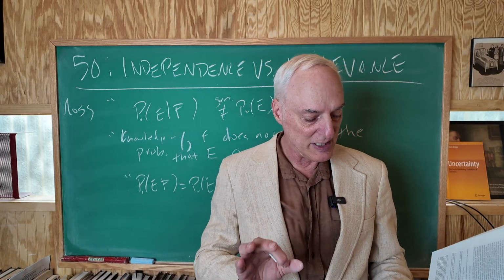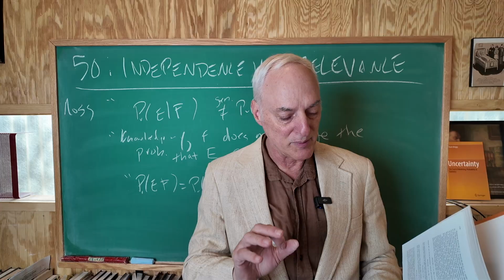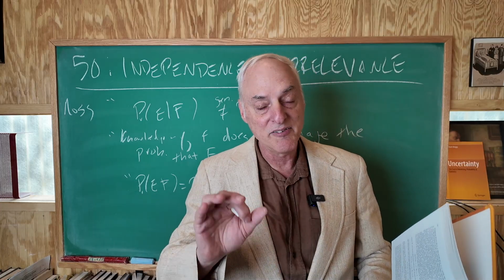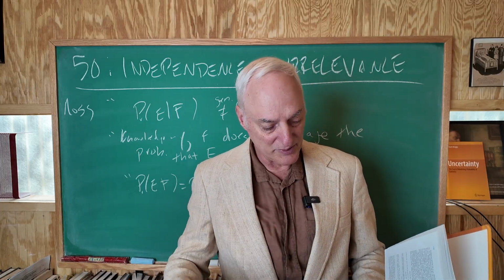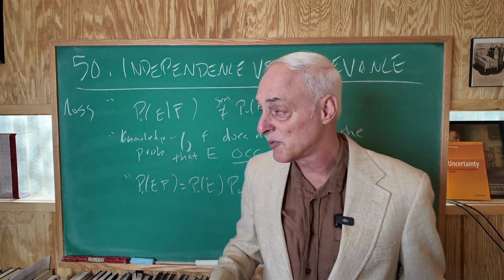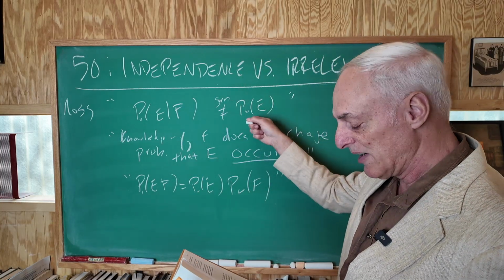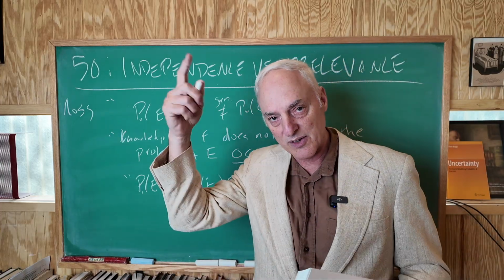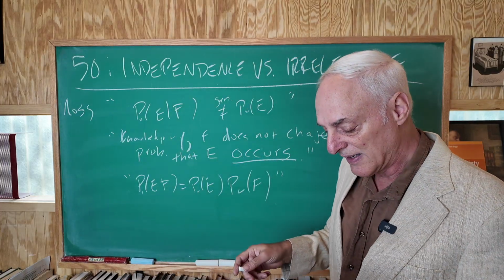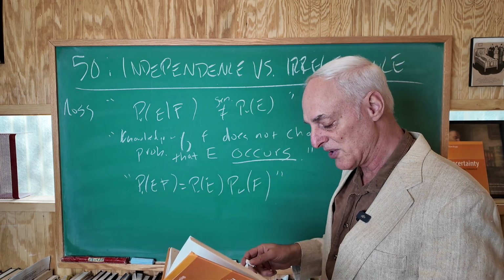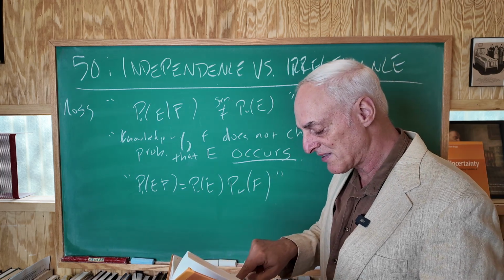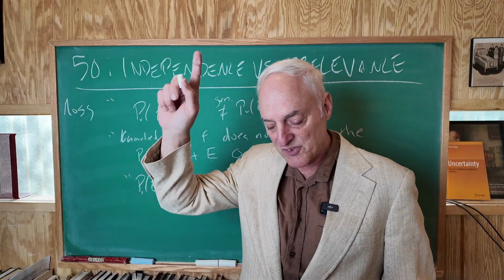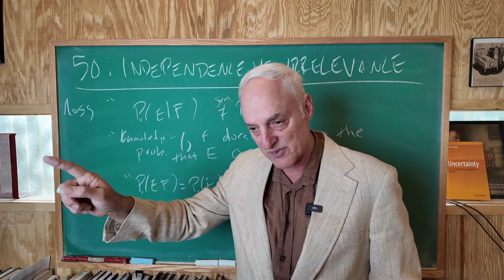The previous example of his chapter, he says, shows that the probability of E given F, the conditional probability of E given F, is not generally equal to the probability of E, the unconditional probability of E. Alarm bells should already be ringing for us. In other words, knowing that F has occurred generally changes the chances of E's occurrence.